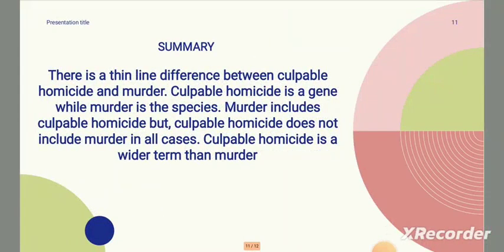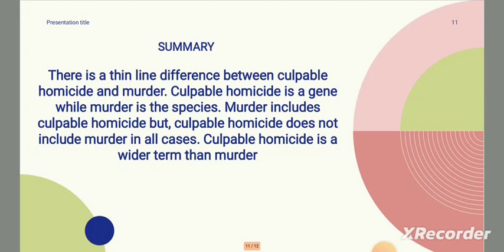Now I'm going to summarize my presentation with these few lines. There is a thin line of difference between culpable homicide and murder. But culpable homicide is a genus while murder is a species. Murder includes culpable homicide, but culpable homicide does not include murder in all cases.